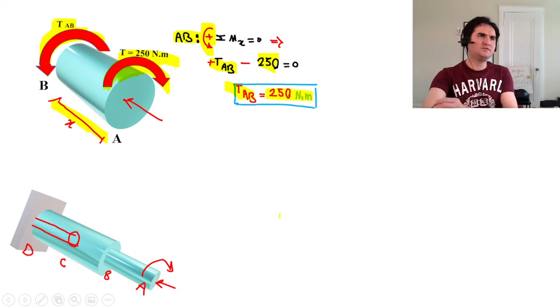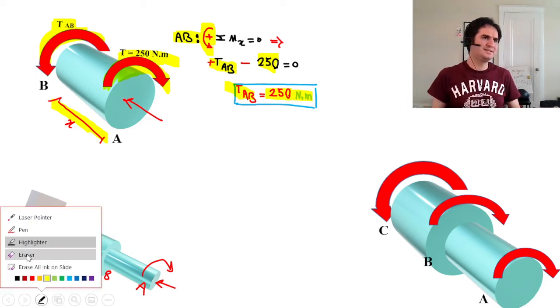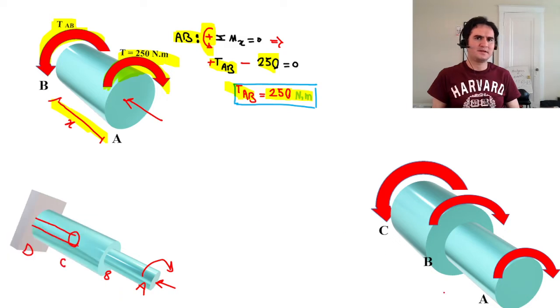If we do the same for the free body diagram of the other part, BC, again with a length of x element, and again a free body diagram, this time for BC.